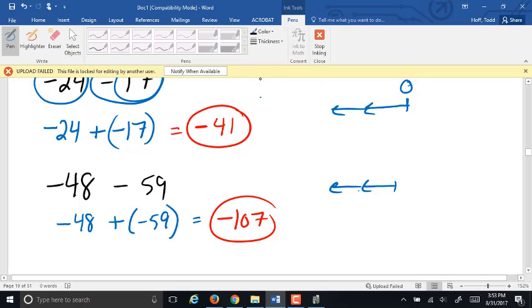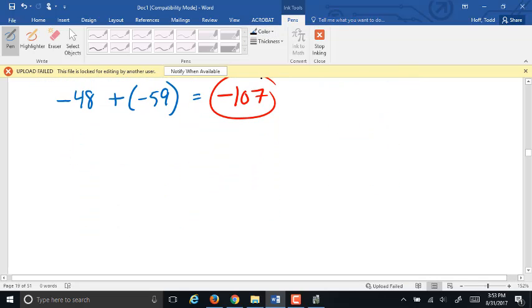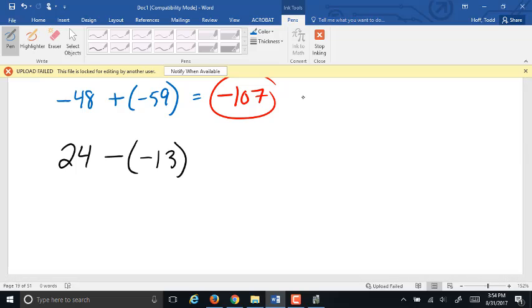It can be a little more confusing if we have something like this: 24 minus a negative 13. Now, written like that as subtraction, that makes almost no sense. It's really tough to figure out. But we're going to change it. Remember, the 24, the first number, never changes.